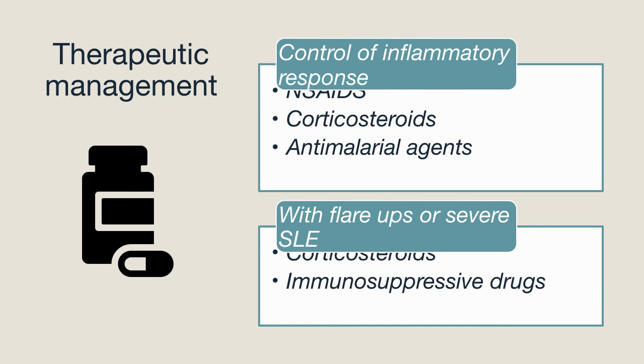The therapeutic management is to control the inflammatory response. So these kids are on NSAIDs, corticosteroids, and anti-malarial drugs, if you remember when we were studying this in pharmacology. And when they have flare-ups, or if they have severe SLE, they may be put on corticosteroids and immunosuppressive drugs as well.